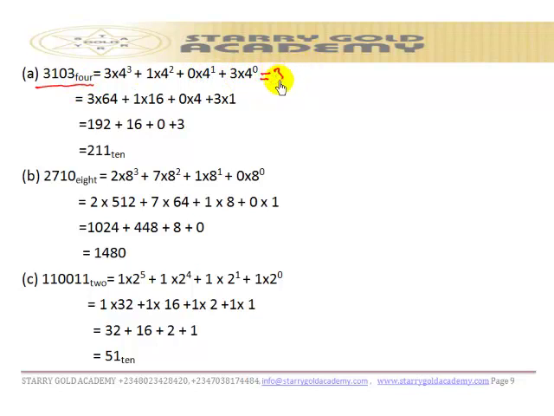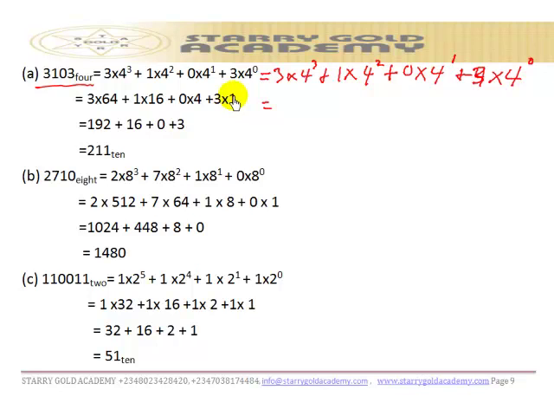When you expand, 3 times your base power 3, plus 1 times your base power 2, plus 0 times your base power 1, plus 3 times your base power 0.